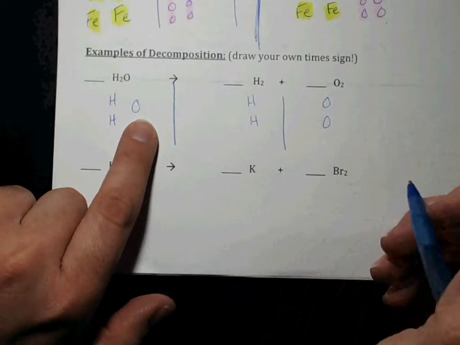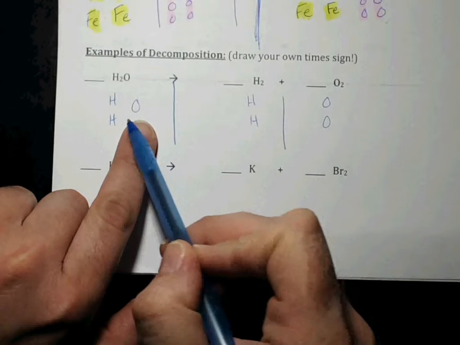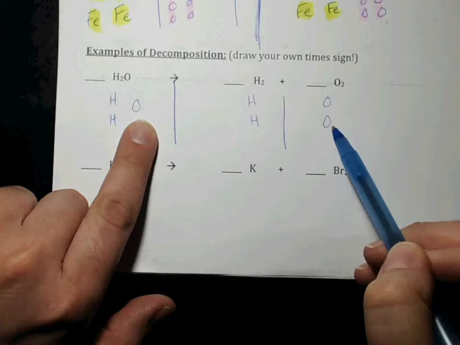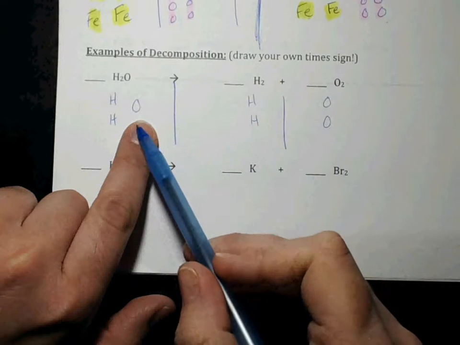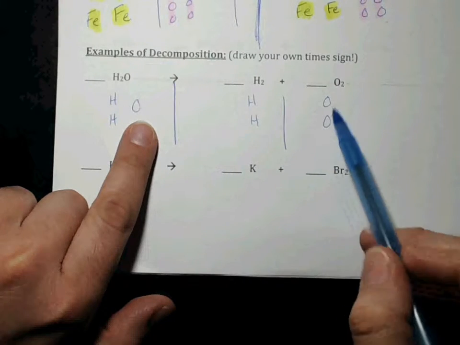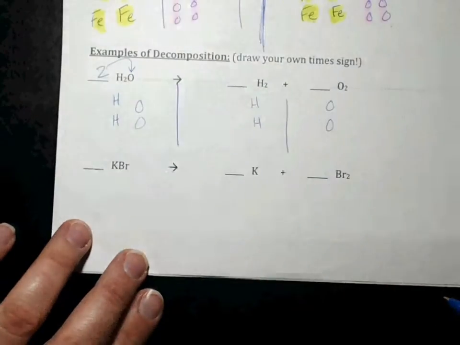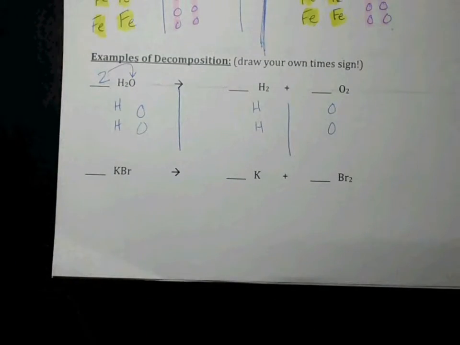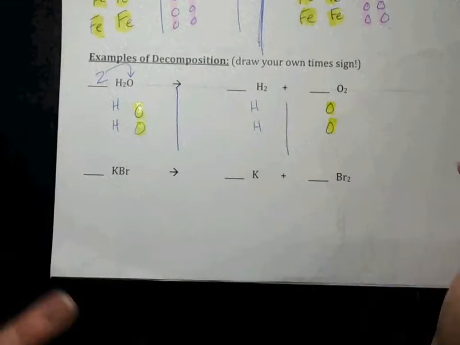So I have to find this one where the number is lower, and I have to multiply it by something to get it to equal what's on this side on the right. So I have to take this 1 and multiply it by something until it equals 2. Well, 1 times 2. That'll distribute to the oxygen and give me a second oxygen. And now, my oxygens on the reactant side and on the product side are equal.